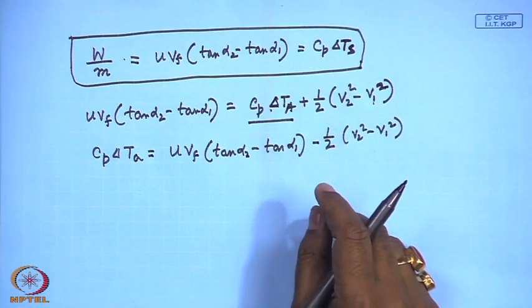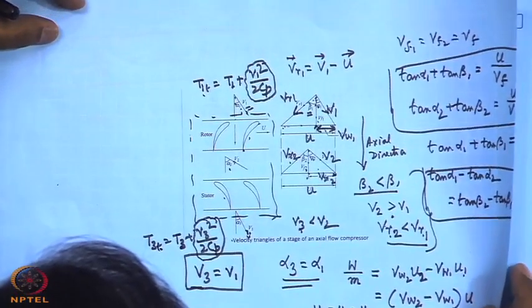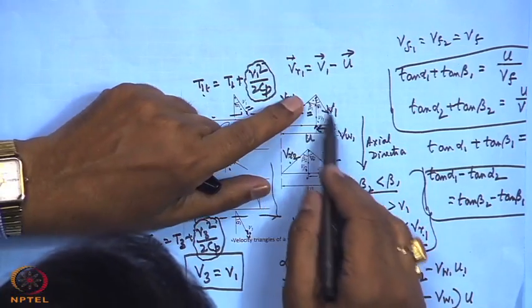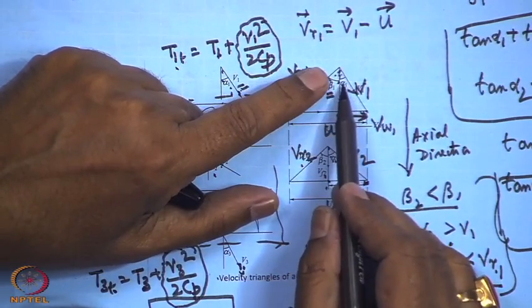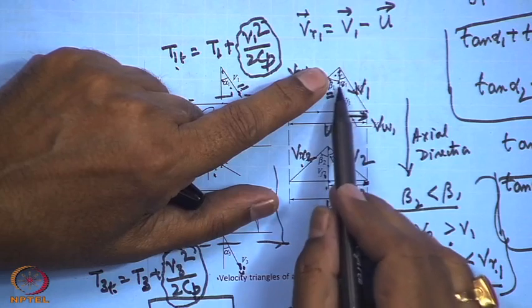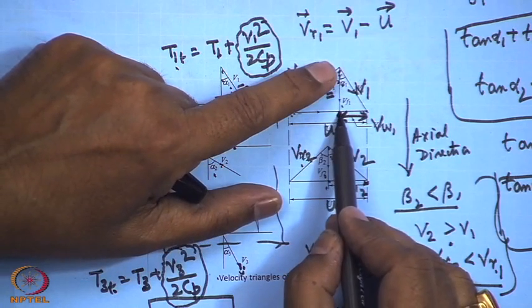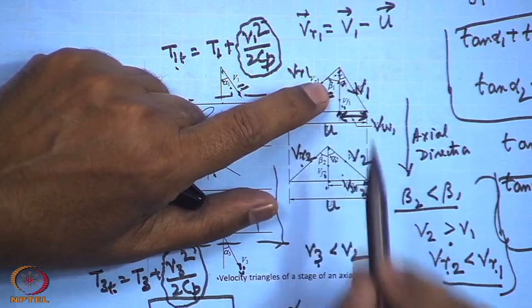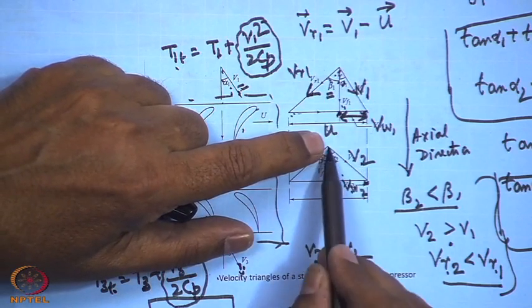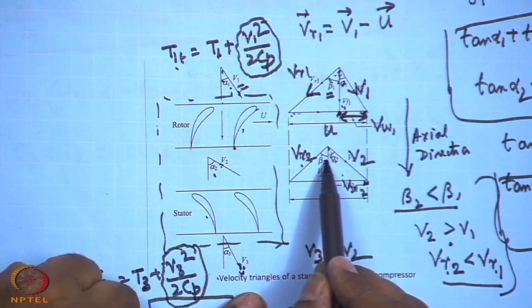Now, you see V2 and V1 from the velocity triangle. If you recall, if you see this triangle, this is alpha 1. In terms of alpha 1, the cosine of alpha 1 is Vf by V1. So, V1 is Vf by cosine alpha 1 and V2 is Vf, as I have told earlier, by cosine alpha 2.